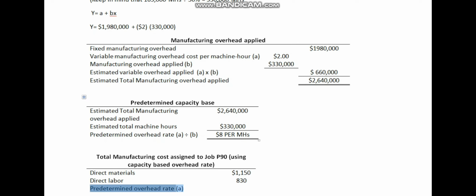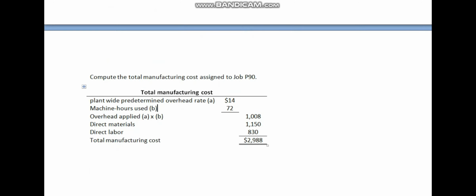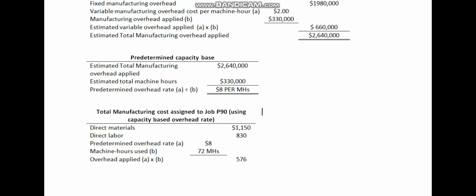Now predetermined overhead rate $8. Machine hours used is 72 hours used. That was mentioned in requirement number 2. We just changed the predetermined overhead rate, and the overhead applied is $576. We add all these 3 values. Total manufacturing cost is $2,556.